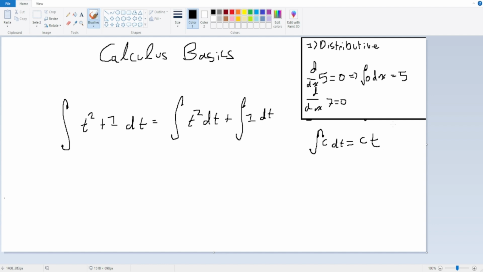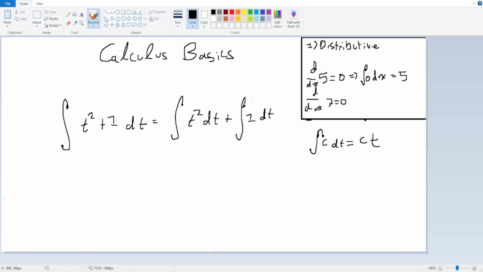So what did we say? We said a lot of things. The integral of c dt equals ct. Why did I say that? Okay, so the integral of any constant times dt is just that constant times t, because that's the variable, the parameter.